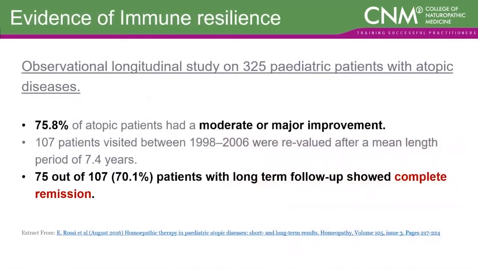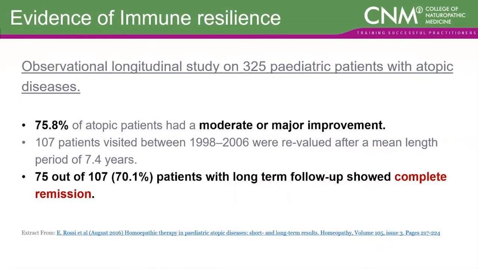All right, so this here I thought was a brilliant study, showing the evidence of immune resilience that develops in patients treated for atopic diseases. Now, this study was not specific to eczema, hay fever or asthma.